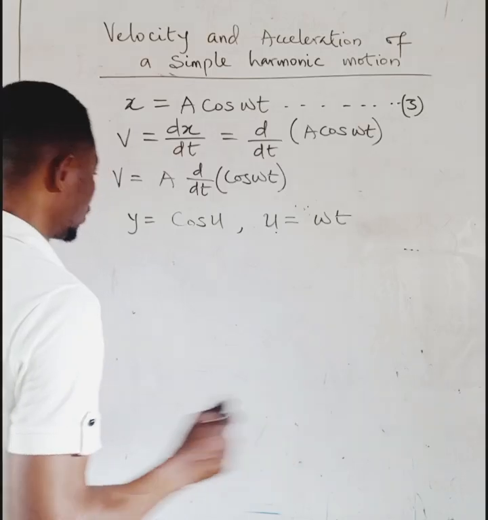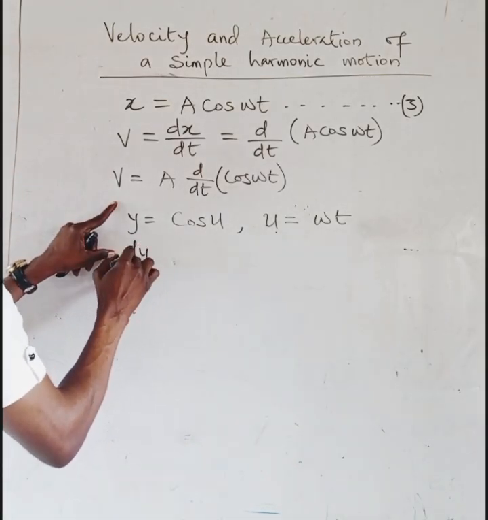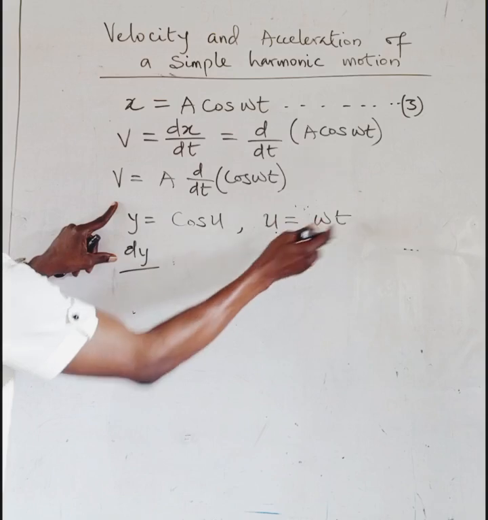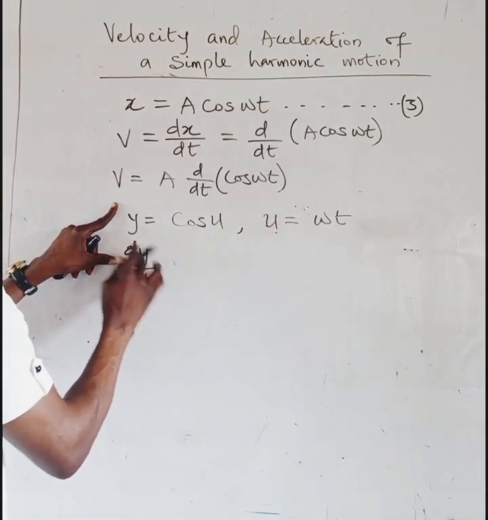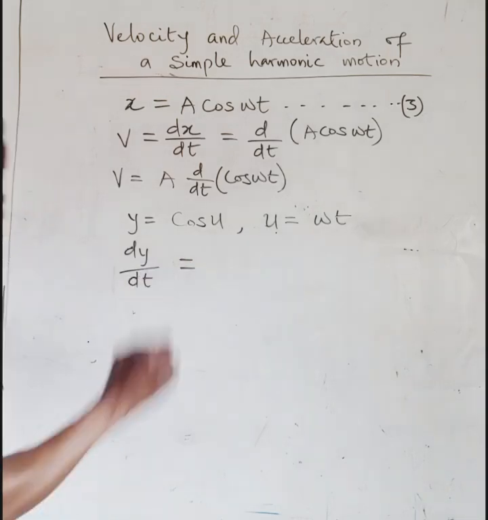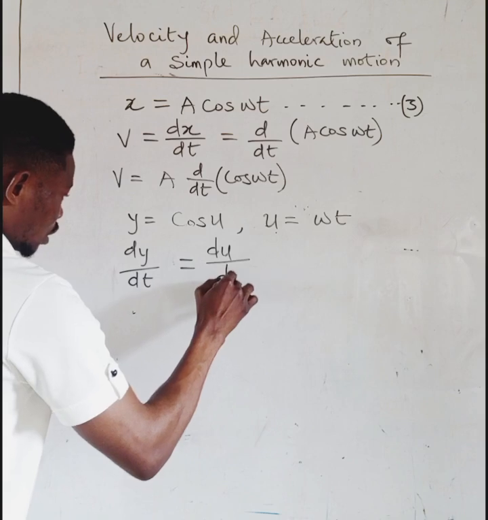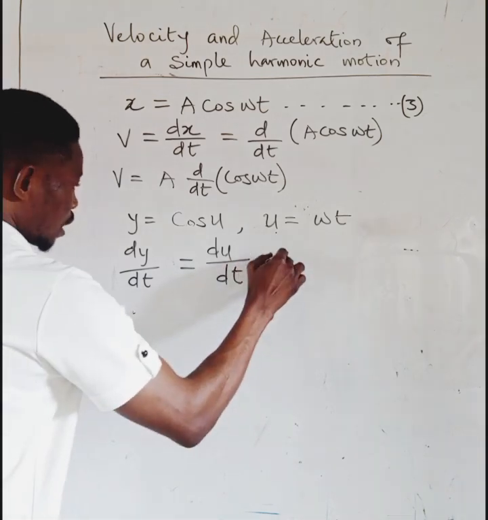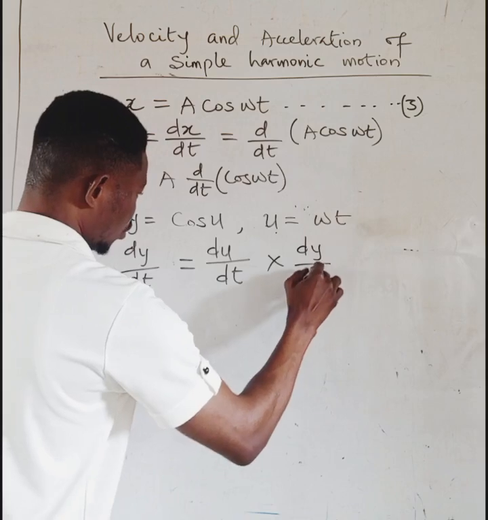And what is that chain rule? It says if you want to obtain dy/dx, but in this case we're not differentiating with respect to x, so we are going to use dy/dt. If you want to obtain dy/dt, it is simply equal to du/dt multiplied by dy/du.